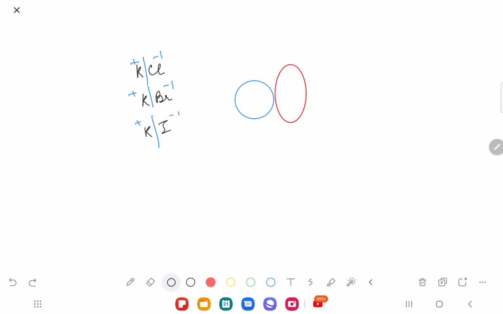Tell me. So if I have KCl, if I have KBr, and if I have KI, the cation in all of them is the same, isn't it? The cation in all of them would be K plus. Now understand, the cation remains the same size. This is the cation.